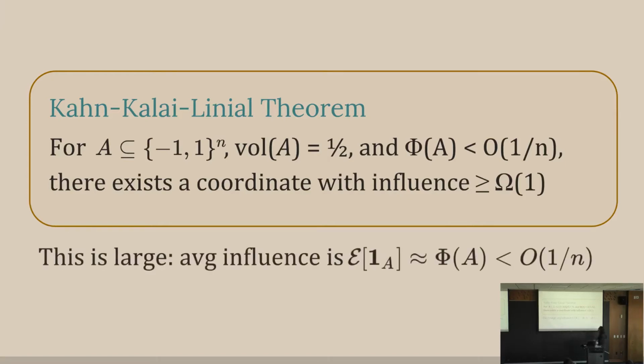You can think of this as being very large, because the average influence is just the energy, which is approximately equal to the conductance, which is 1 over n. So without proving this theorem, you can imagine that the function has all the influences equal to 1 over n. But this tells us that's not the case.